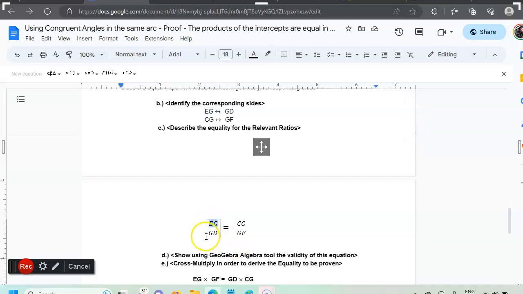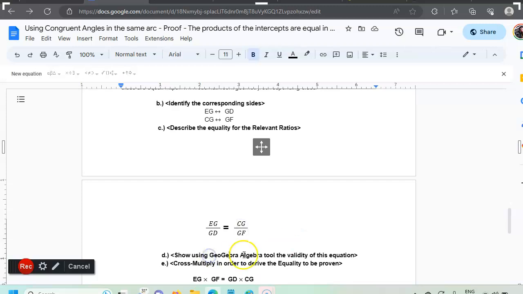EG divided by GD, because EG corresponds with GD. So we divide EG by GD. The ratio is equal to the quotient when we divide CG by GF. Again, CG corresponds with GF. So we compare the two side lengths by dividing.